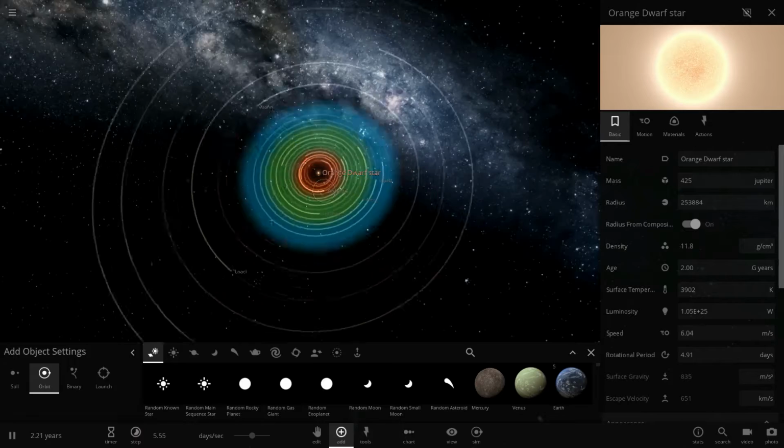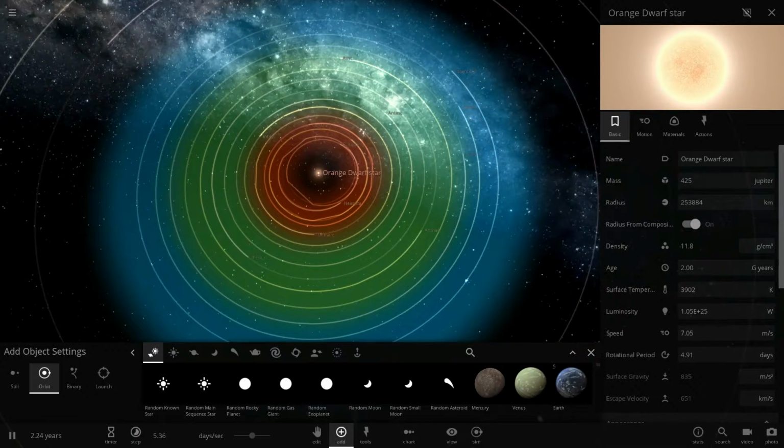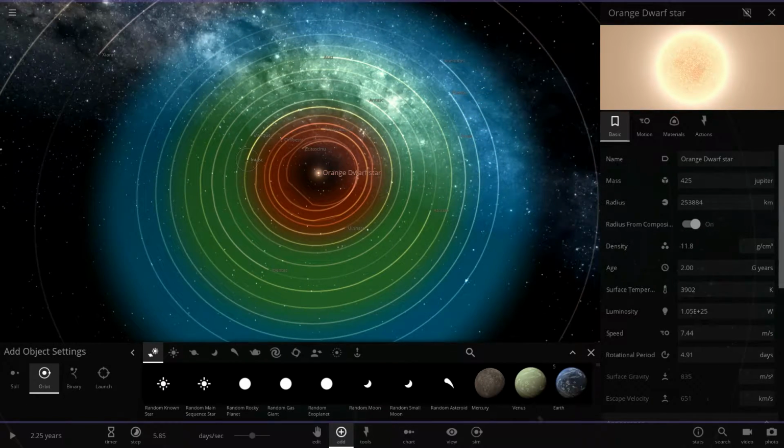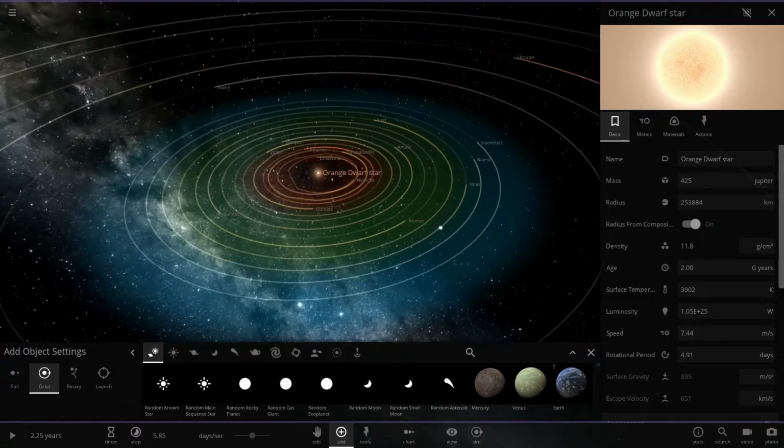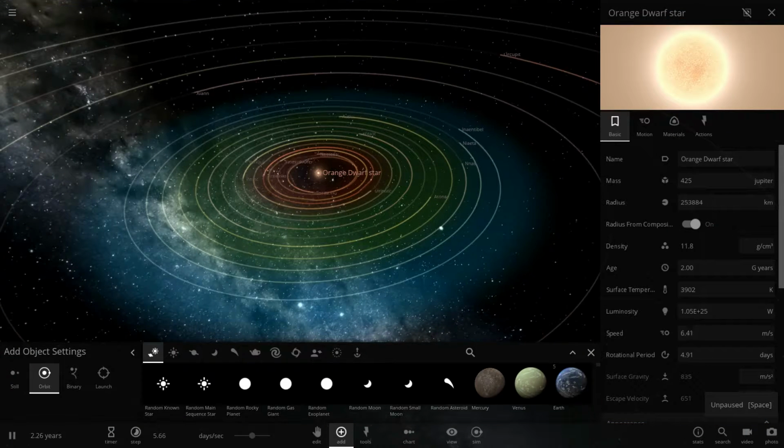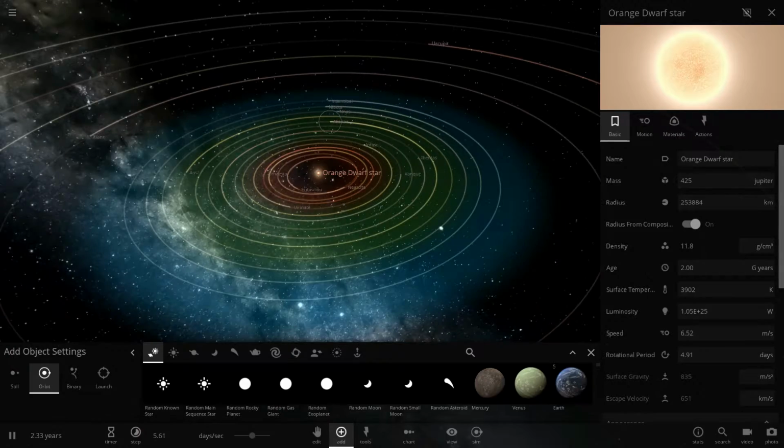Look at all the planets in the habitable zone right now. It ranges from here all the way to here. That is 1, 2, 3, 4, 5, 6, 7. That's 7 Earth-sized planets in this system, in the Goldilocks zone.